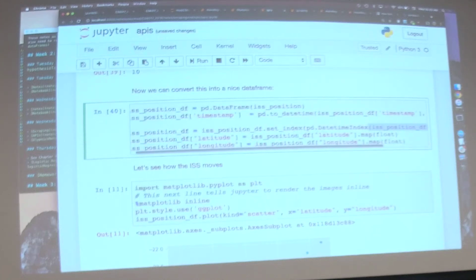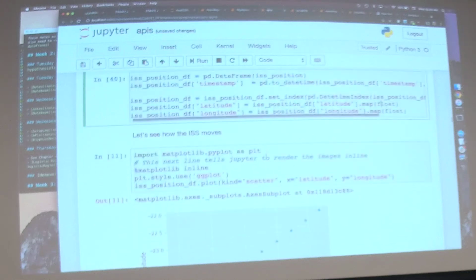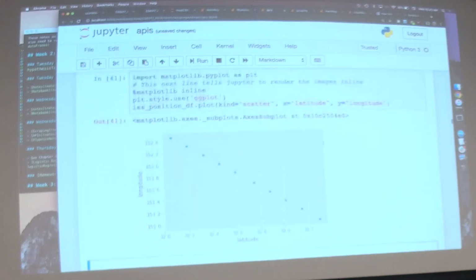We're converting latitude and longitude to floats. Right. So now we have the path of the space station over the last minute or so. Pretty neat.